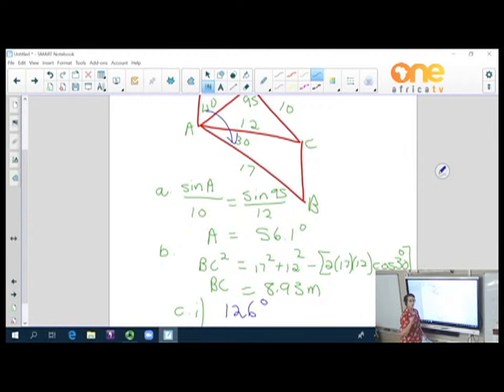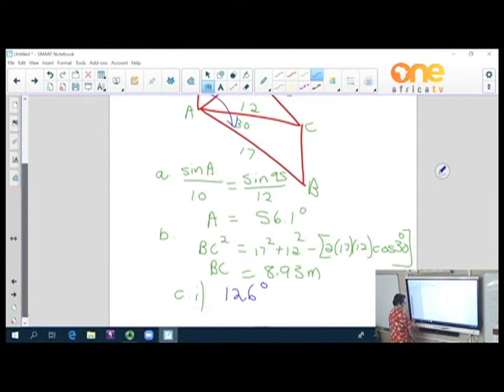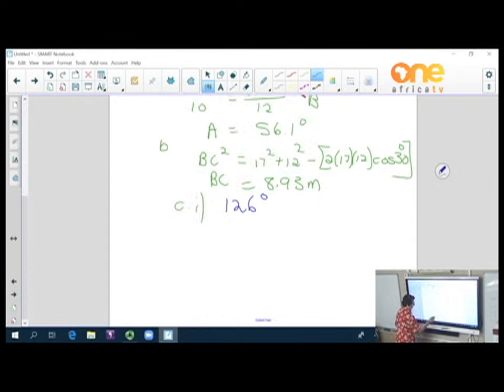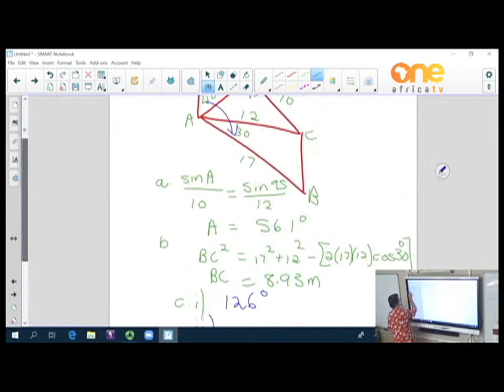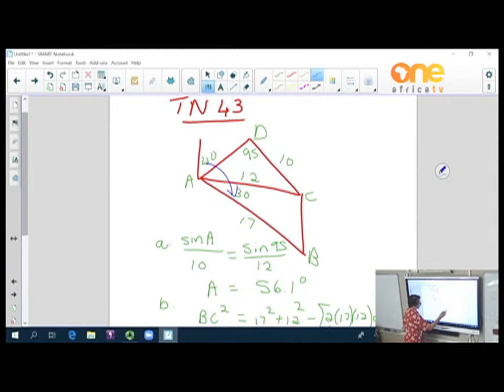Remember, bearings are not to decimal places, they are three-figure bearings, so you have to give it like that, as a three-figure bearing. Then the second one is A from B. Now A from B means this is what I want.